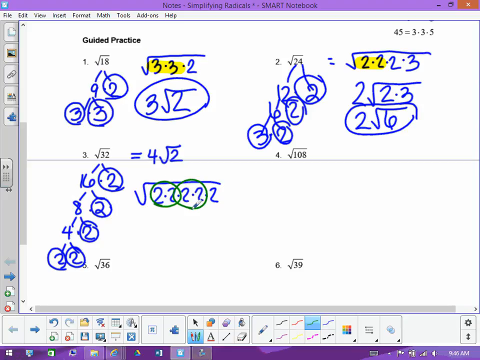One of each of those has to come out front. So in front, I'm going to mark out one, keep one out front, mark out the other one, keep it out front. We had one extra left over. Well, what's 2 times 2? 4.